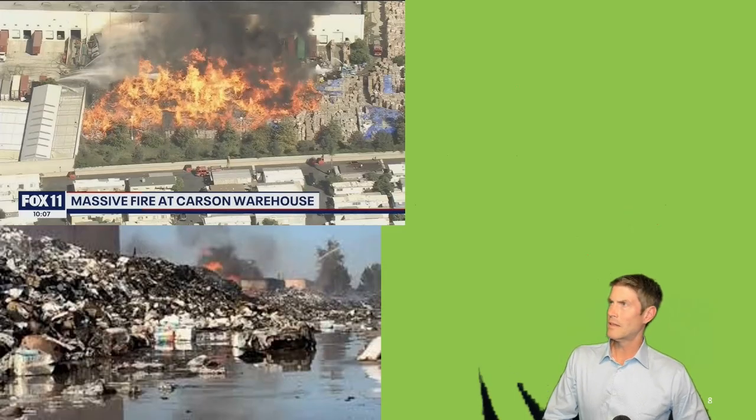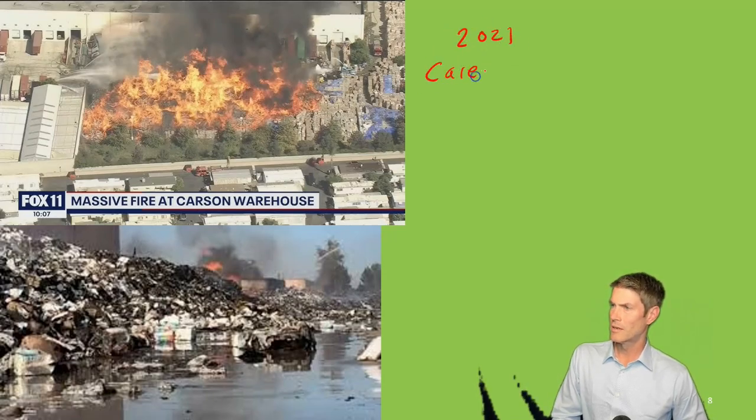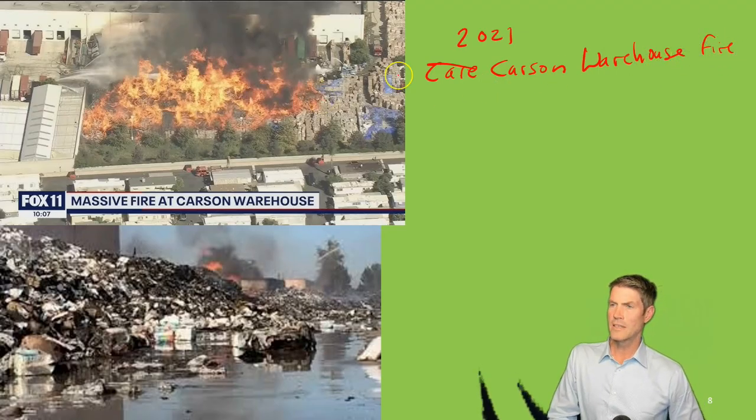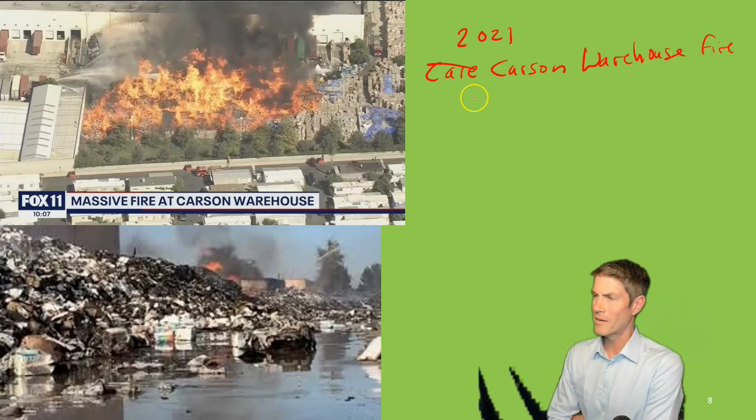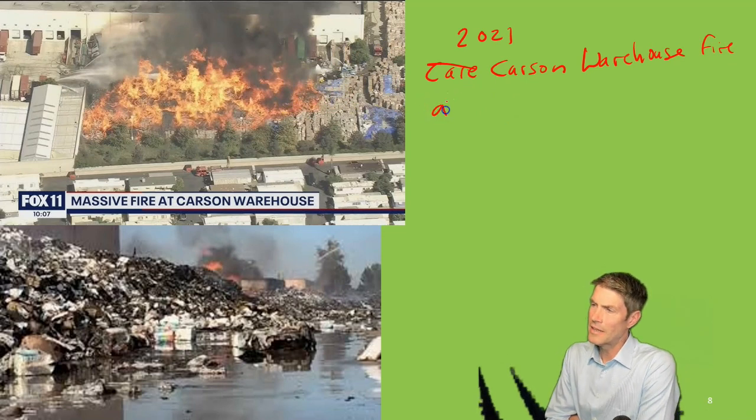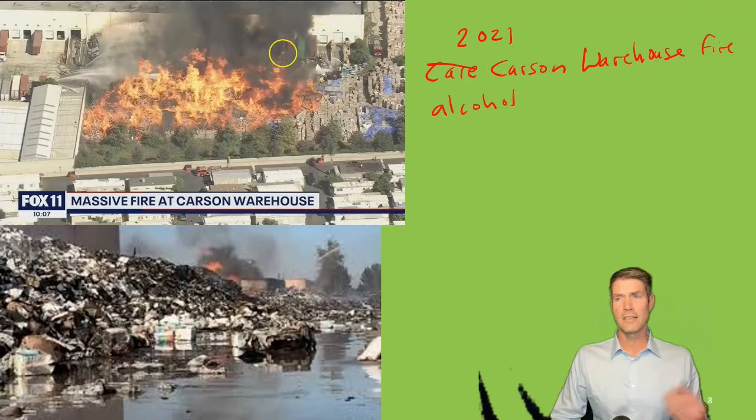Now, this is something that happened, I believe in 2021. This is the Carson warehouse fire. What happened is this warehouse caught on fire. There's a lot of products in there that contain alcohol, and they sprayed water all over this to deal with the fire.